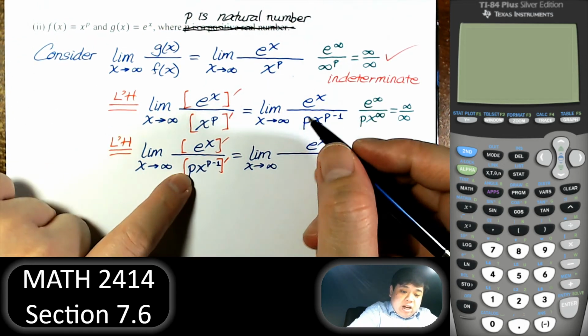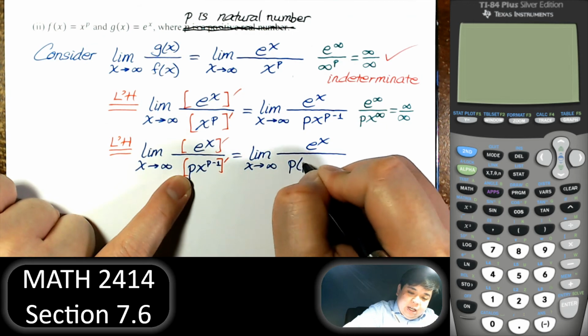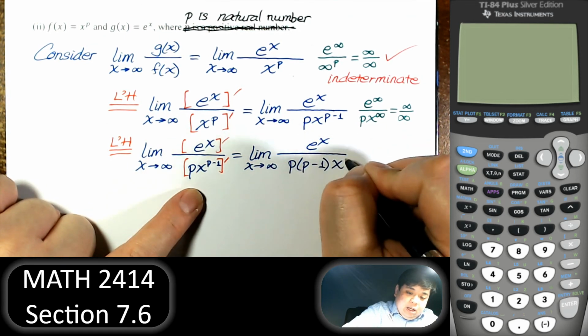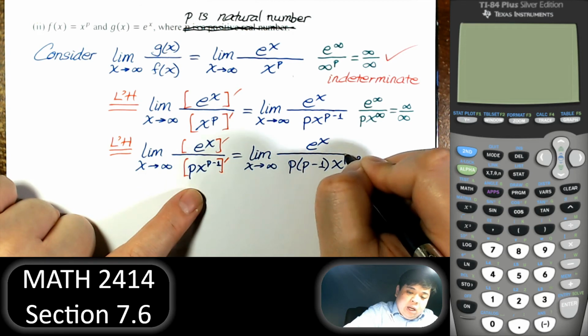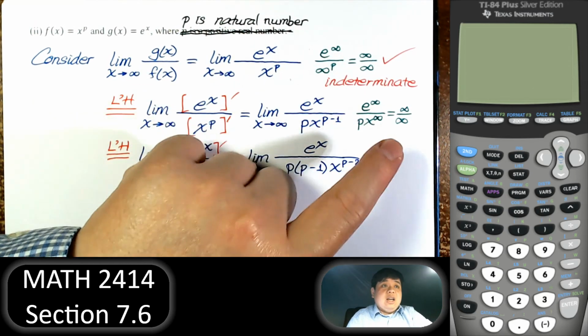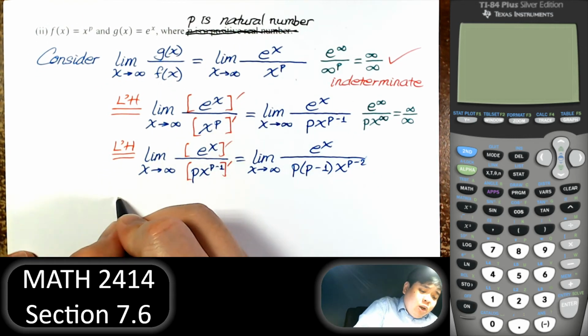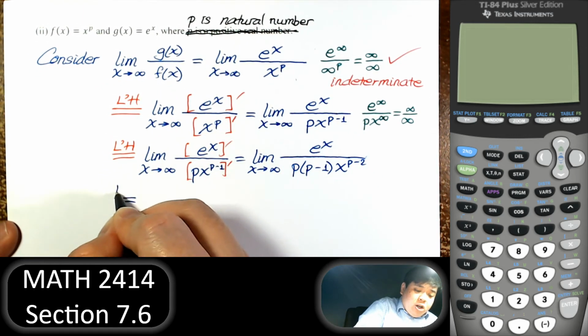Now for the bottom, take down the power, so p and then p minus 1, and then the power will be p minus 2. And as we can see, just like the last problem, this is potentially infinity over infinity. Bottom line is we're going to do a bunch of L'Hôpital's rule.